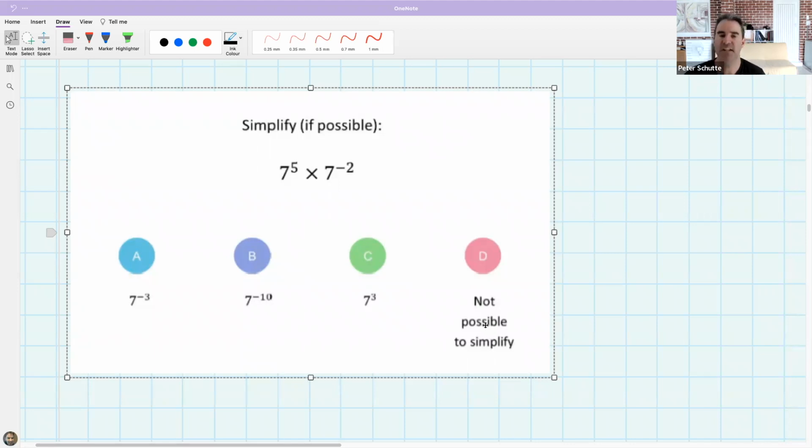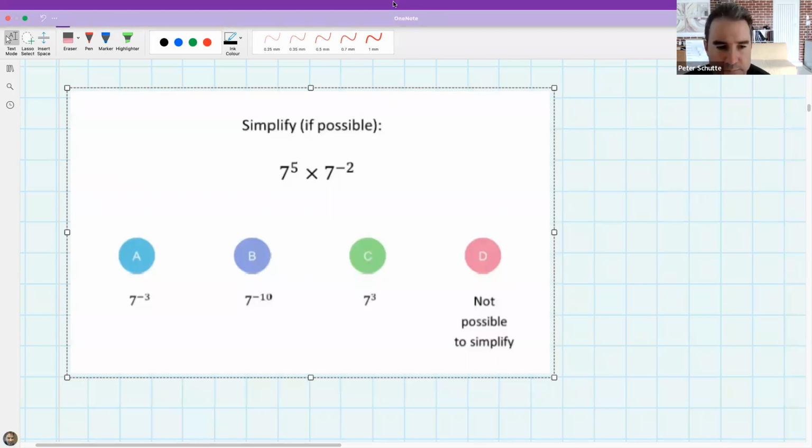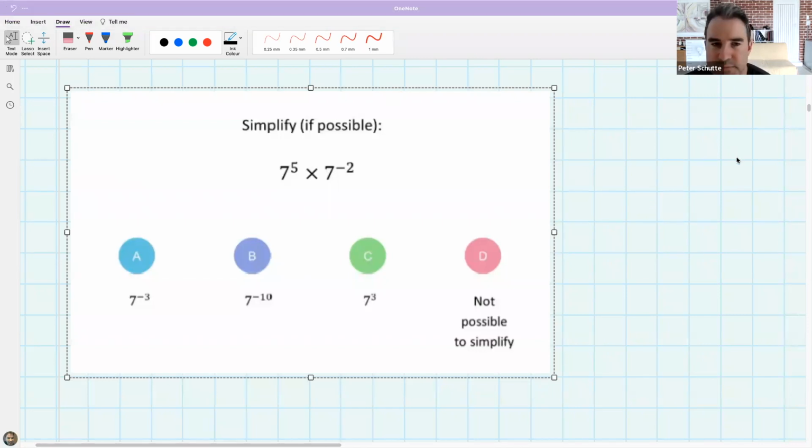Who would like to come online and explain to me how they got the answer to this? I'd love to hear someone's voice. Just pop your hand up and you can just tell us what you were thinking. Anybody? Promise we're nice.